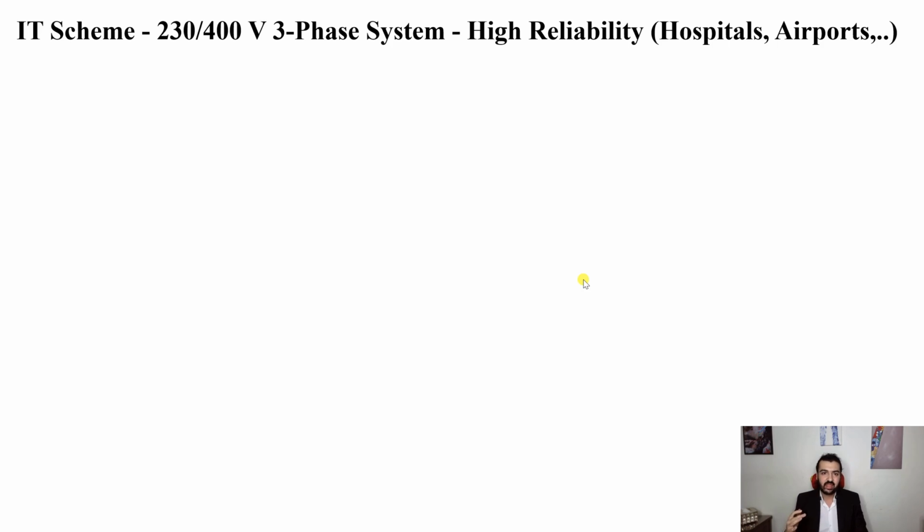This equipment cannot be disconnected in presence of a fault. So if there is an insulation breakdown in my equipment, the equipment must continue operating. This is the most important feature regarding IT systems.